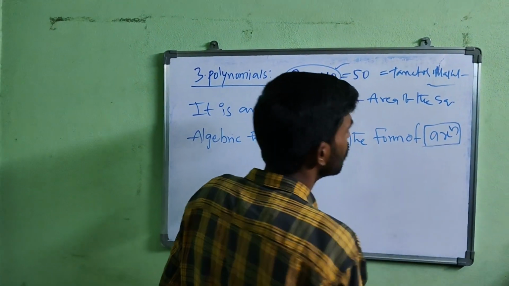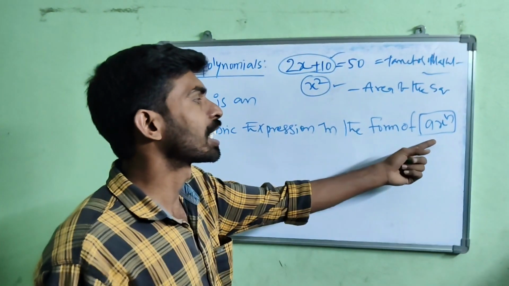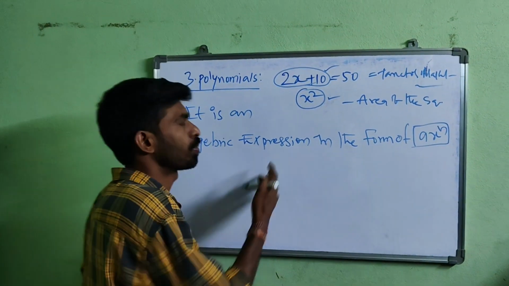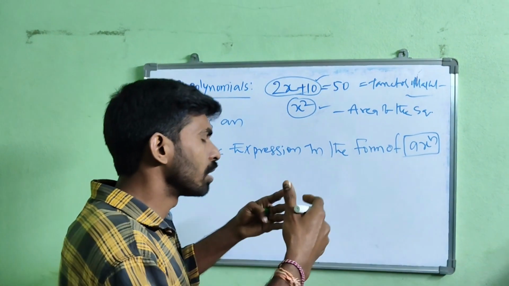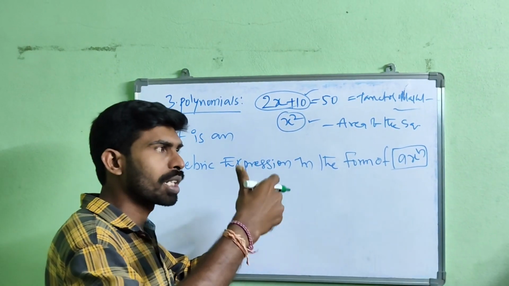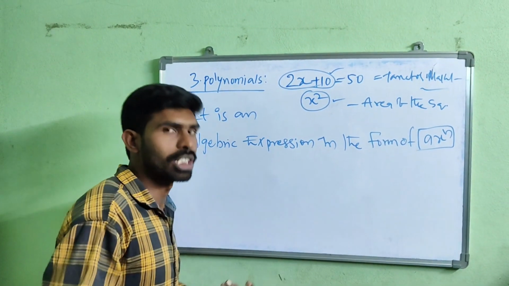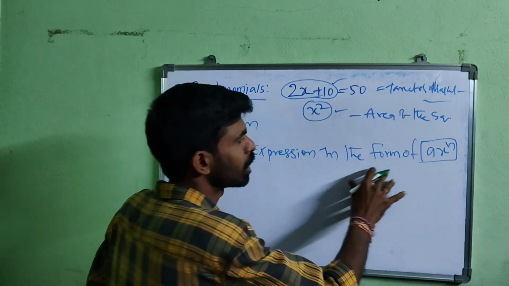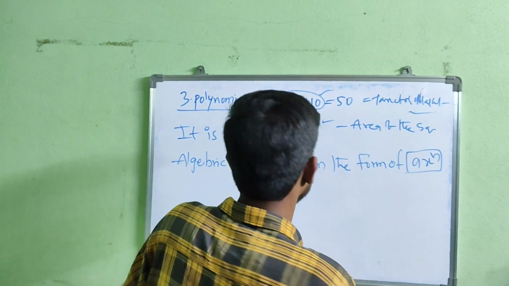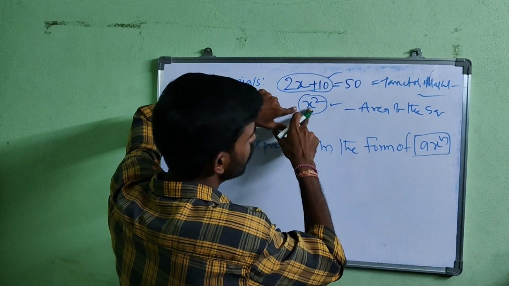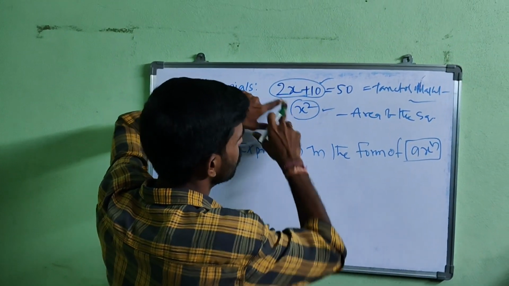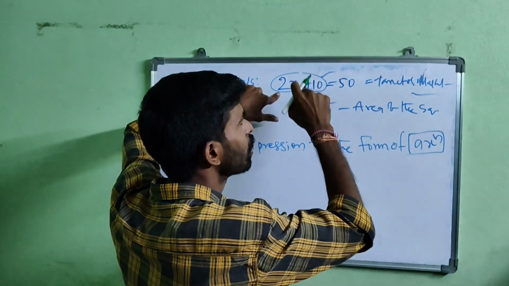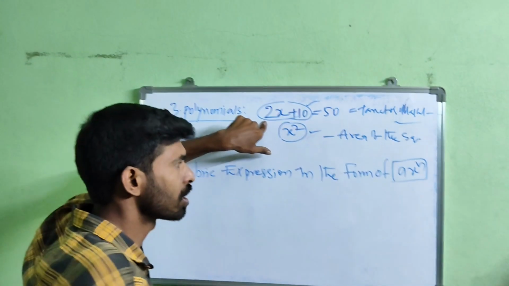Any algebraic expression in this form, including addition, subtraction, multiplication, division, like this, any form. Okay, it is an algebraic expression in the form of a into x power n. Here, see, is it like a into x power n or not? Here there is no n, that means there is a 1, x power 1, that means we can consider.